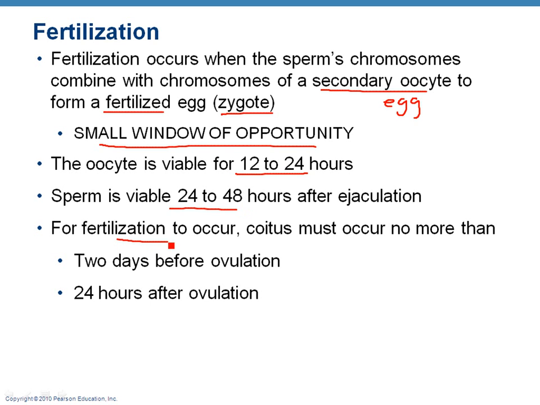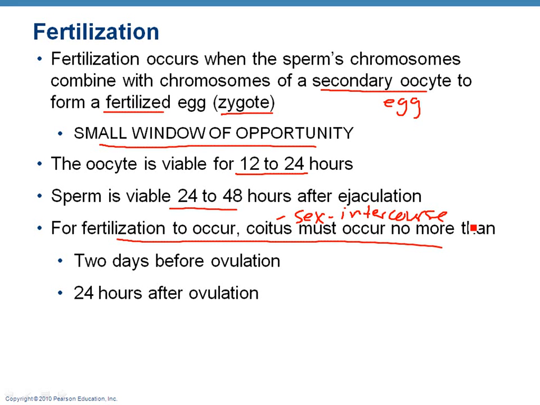So for fertilization to occur, coitus, sex, or intercourse, must take place either 2 days before ovulation or up to 24 hours after. So if you're in that part of your life where you're trying to get pregnant, they'll usually tell you there's about a 4 to 5 day window around which you should have sex. Because you don't exactly know when you're ovulating, you can make a really good guess.